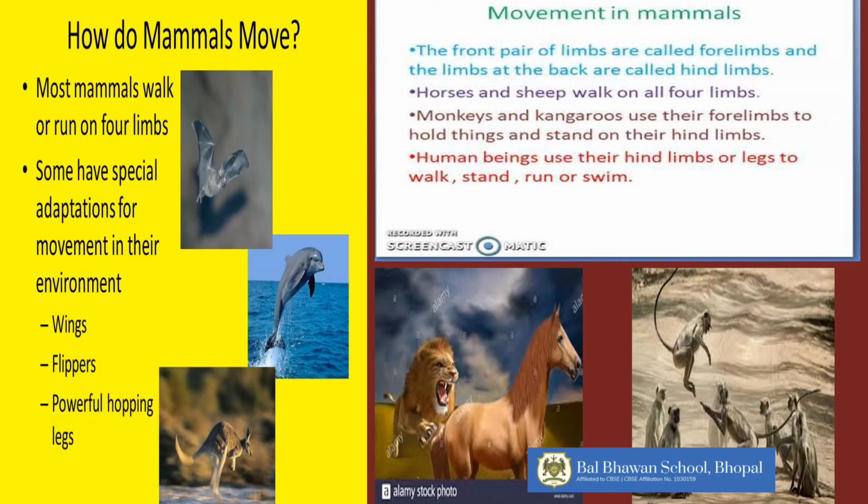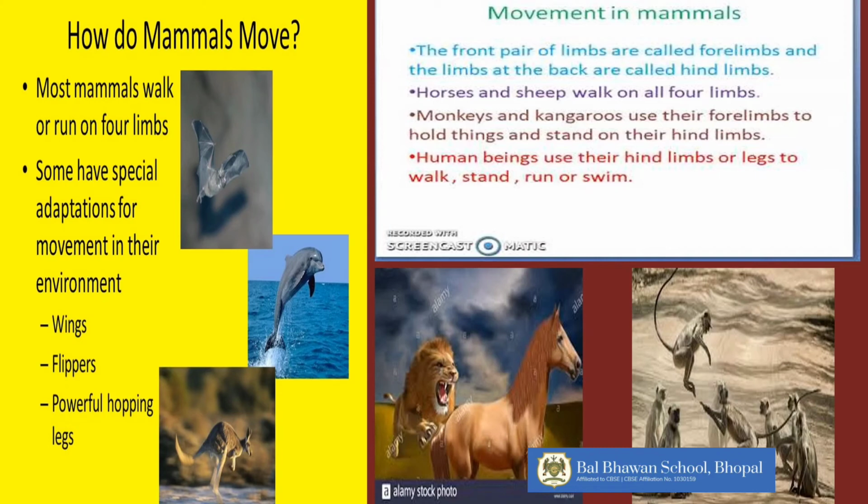The front pair is known as the forelimbs, and the back or rear pair of limbs is known as the hind limbs. Then they show some special adaptation for movement in their environment. For that, they have wings, or flippers, or powerful hopping legs.